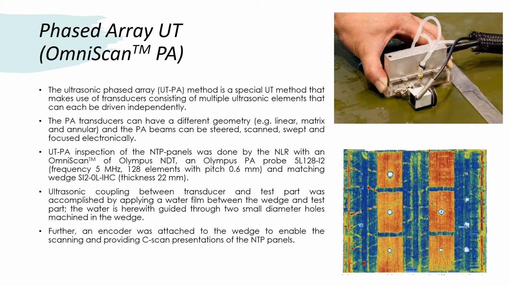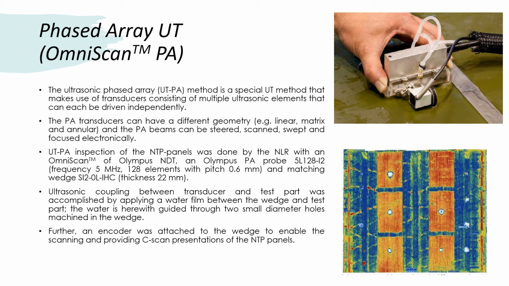The ultrasonic coupling between transducer and the test part was accomplished by applying a water film between the wedge and test part. The water is guided through two small diameter holes machined in the wedges.